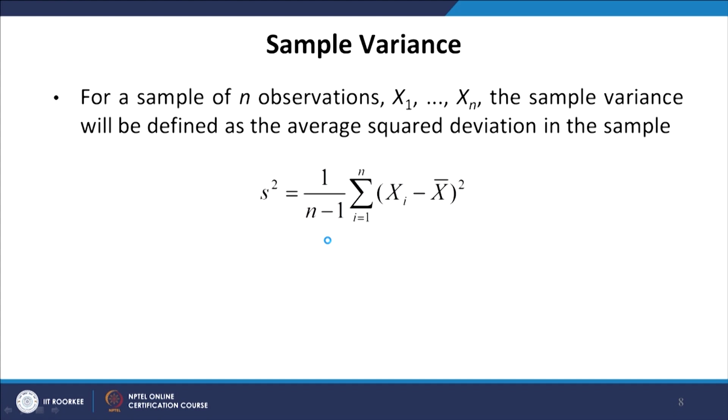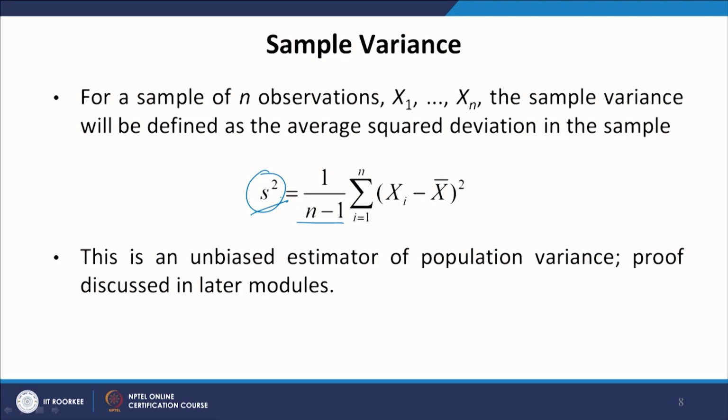Here it is repeated that we have sample variance denoted by S square, which is 1 upon n minus 1 multiplied by summation x i minus x bar whole square. And as I had previously said that why this is n minus 1, that would be taken up in a later module. So, specifically we will prove why we have n minus 1 instead of n in a later module.